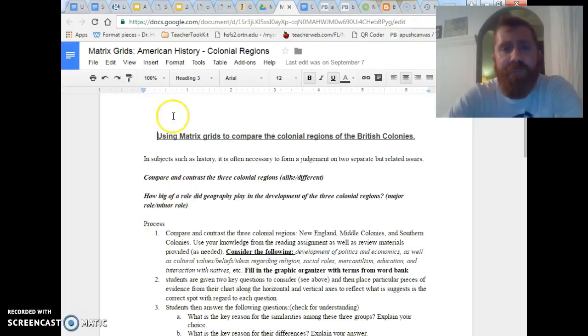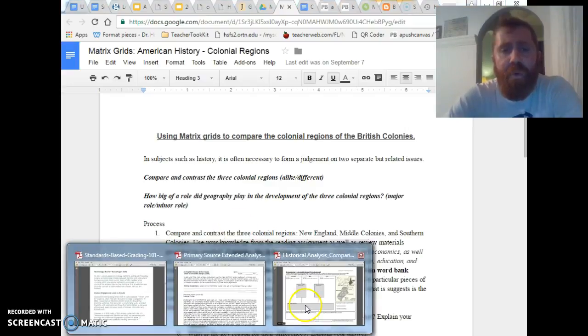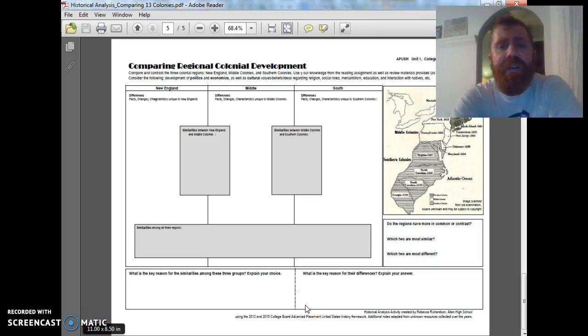So before we get into this handout, I want you to use the Colonial Life handout in your folders, and use this graphical organizer to fill out any important facts, characteristics, events that are unique to the New England colonies, the middle colonies, and the southern colonies.